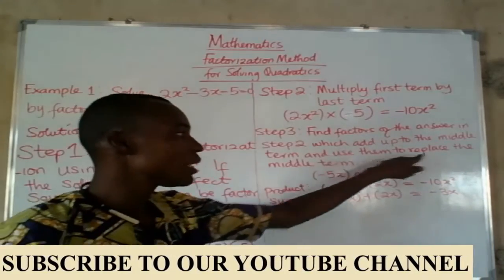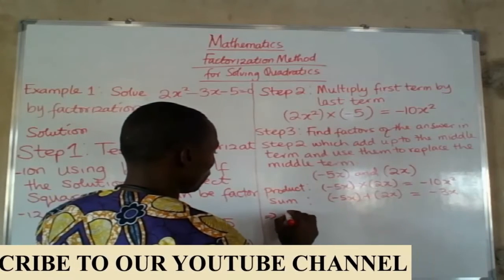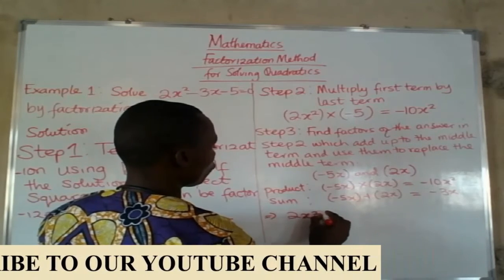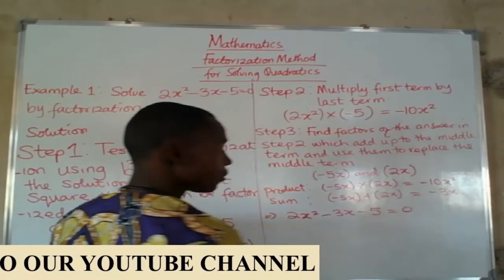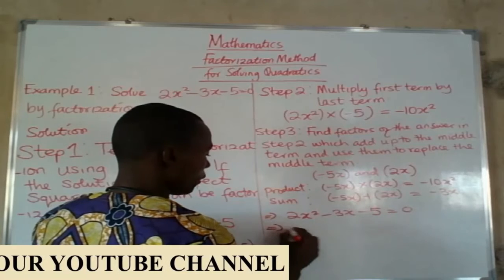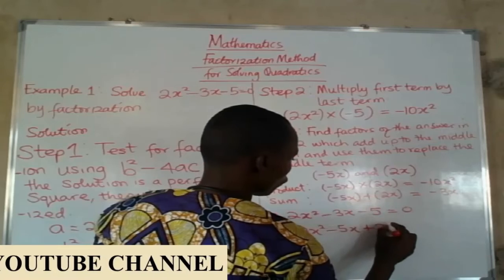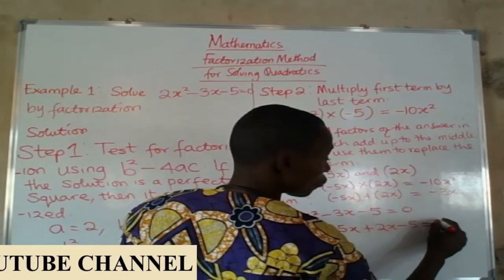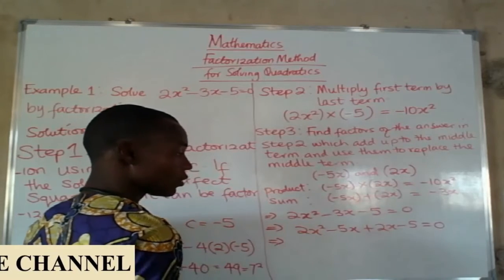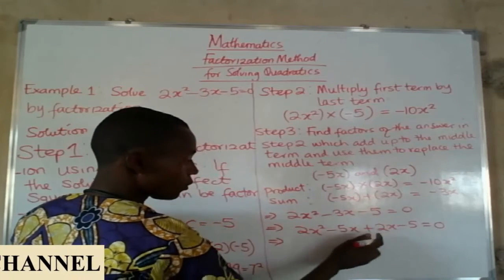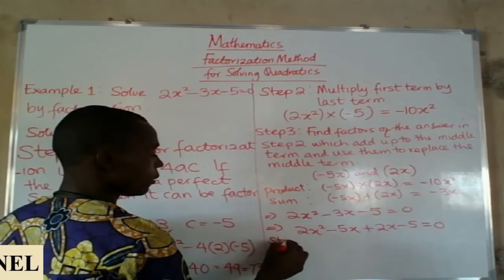Then we're told to use them to replace the middle term. Instead of writing our equation as 2x squared minus 3x minus 5 equal to 0, we simply write it as 2x squared minus 5x plus 2x minus 5 equal to 0. That gives us this new expression. Then we go to the final step, which is step 4.